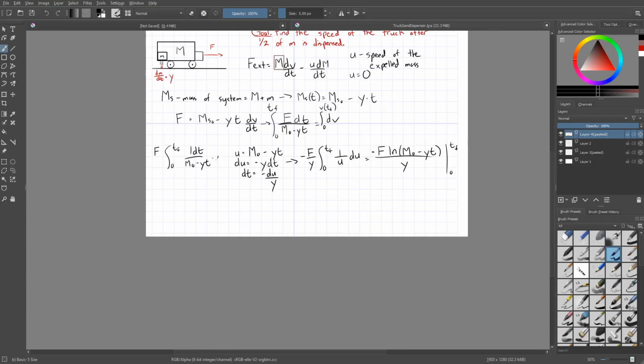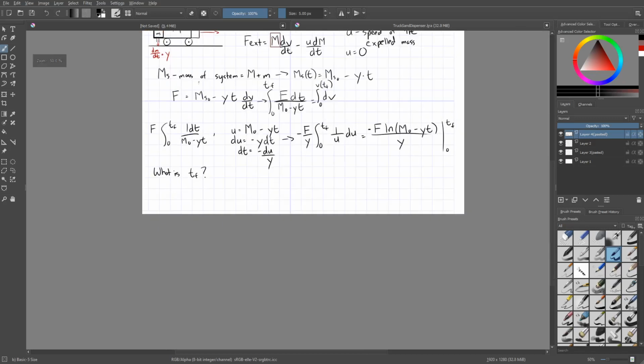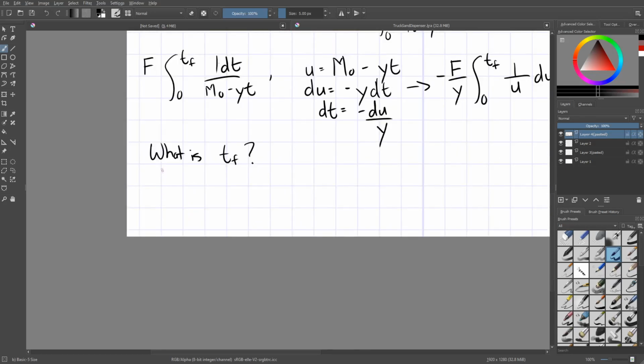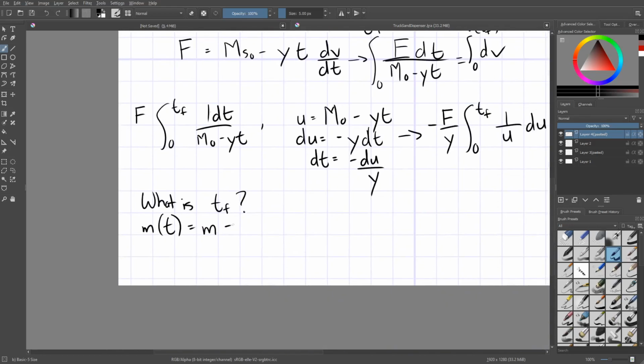Now, we need to tackle this question of what is t final. To do that, I'm going to set up a function for my little mass as a function of time. So we have our initial mass, little m, minus, again, gamma t.